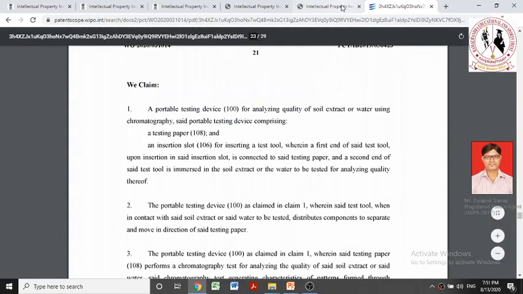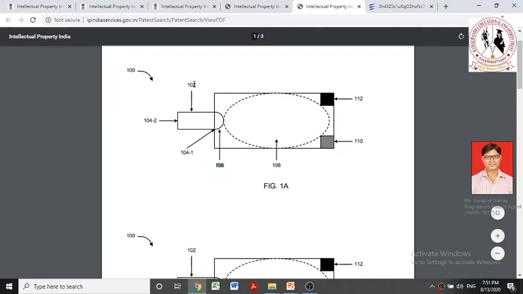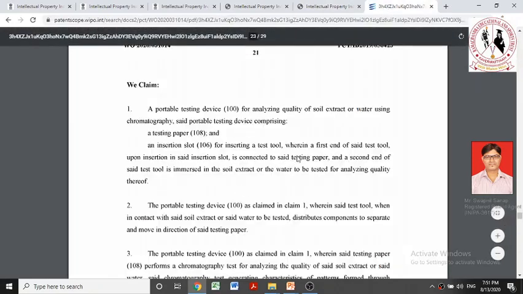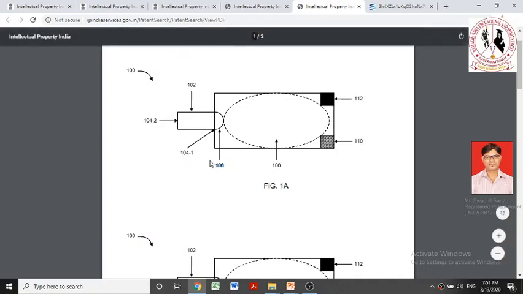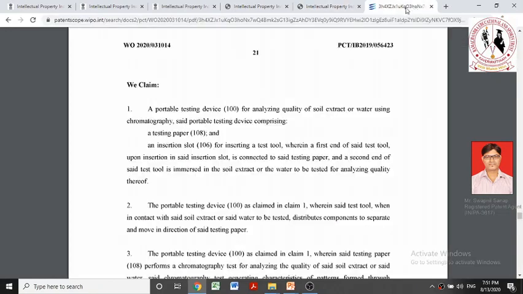right? Said test tool. So I believe 104 or 102 would be the test tool, and this 102 being a test tool, a first end of the said tool upon insertion in the said insertion slot, that means 104-1, this particular end when it is inserted in 106, it is getting in touch with the 108 part, that is the paper.